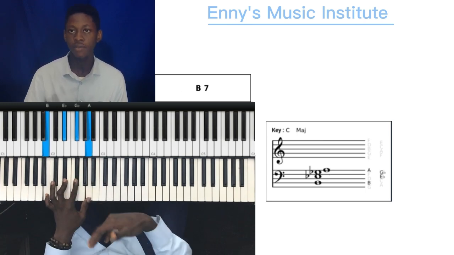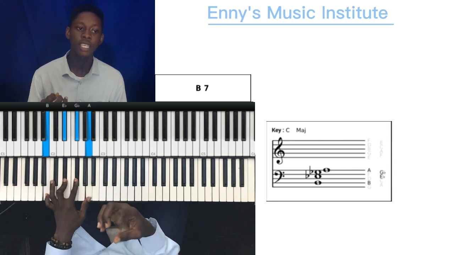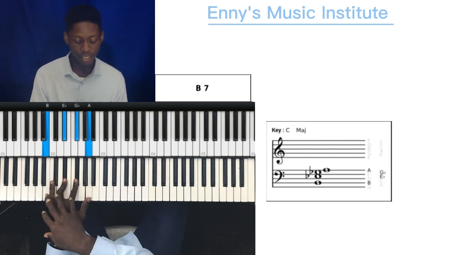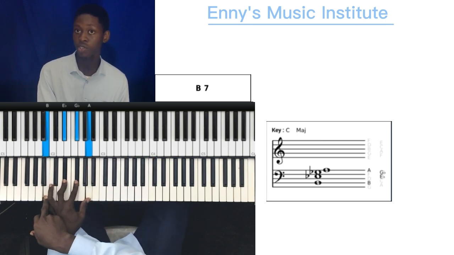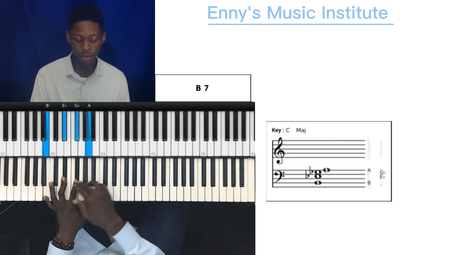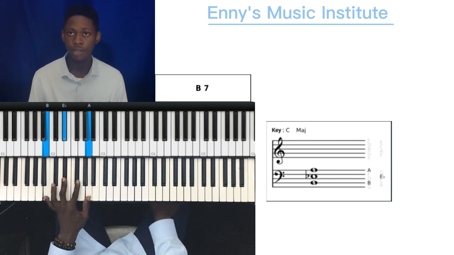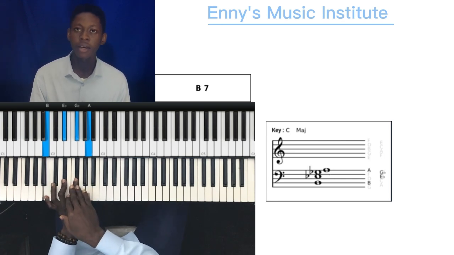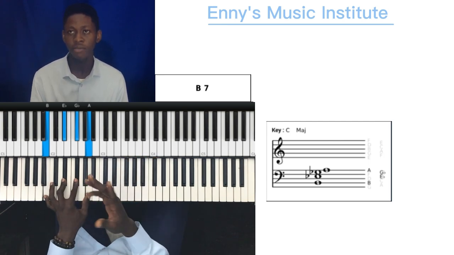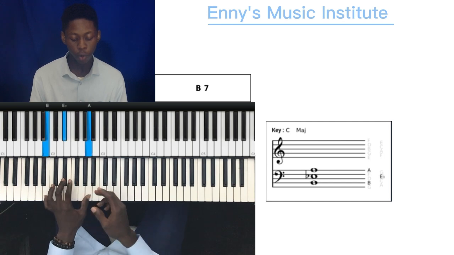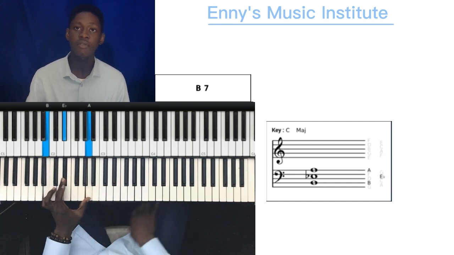The root, of course, gives meaning to the chord. We only know this is a B dominant chord because our root is B, right? So leaving out the root, we have the third and the seventh. Now the 5 is a negligible factor in every seventh chord. For instance, if I were to omit this 5 from this chord, we still have a B7.